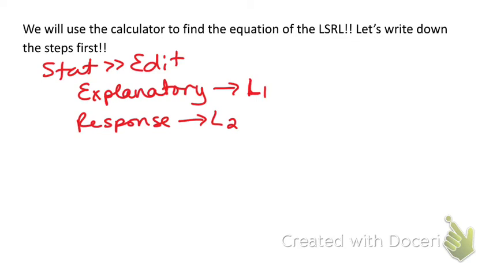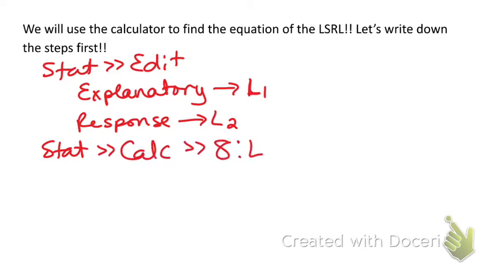Now, to actually get the regression equation, we're going to go to Stat, Calc, and it's going to be number 8, which says LinReg a plus bx. That stands for linear regression with that form of a plus bx, which is really, really good because that's the form that we use, a plus bx.